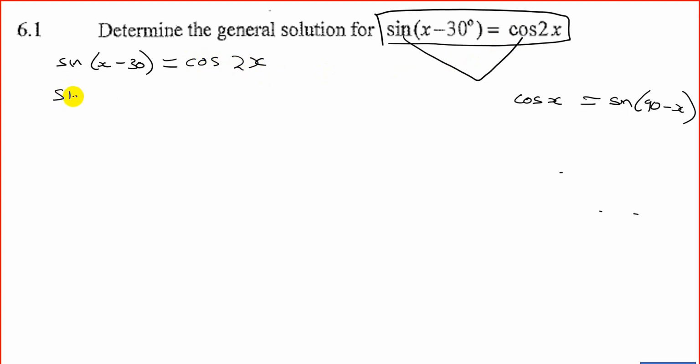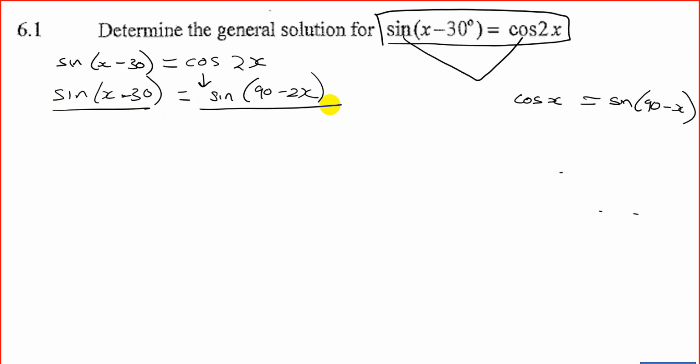In the next step, we're going to apply the complementary angle rule and change cos to sine. The complement of 2x is 90 minus 2x. And you notice on both sides we have sine and sine. So therefore we can relate the actual angles, that x minus 30 will be equal to 90 minus 2x.